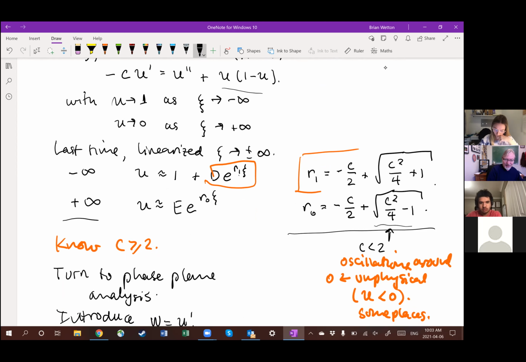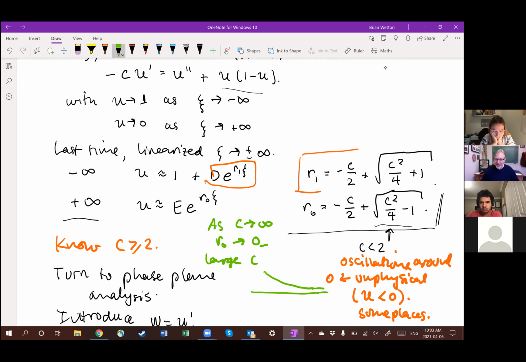Did I get the sign of that right? Yes, I did. As you look at higher and higher speeds, as c gets larger, then R0 tends to 0, always negative, but it tends to 0. And so what that means is if you have a large c, then you have to have a big, slowly decaying exponential solution out to infinity.